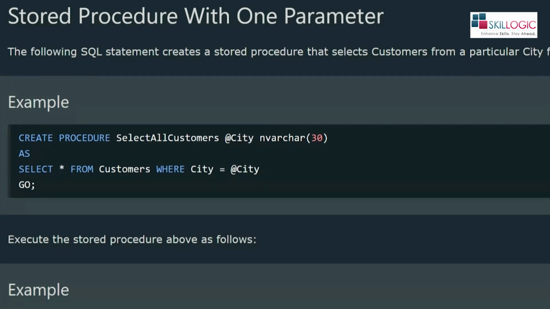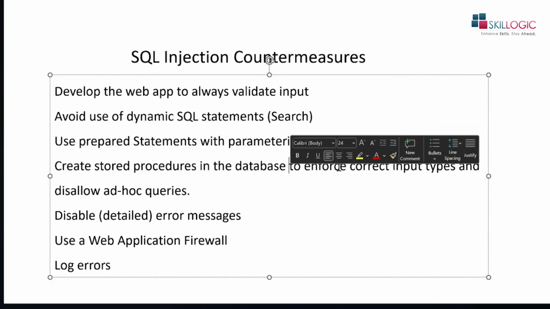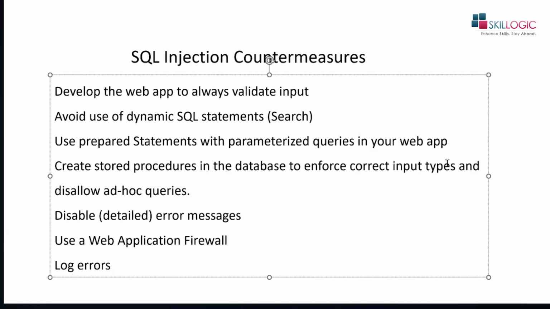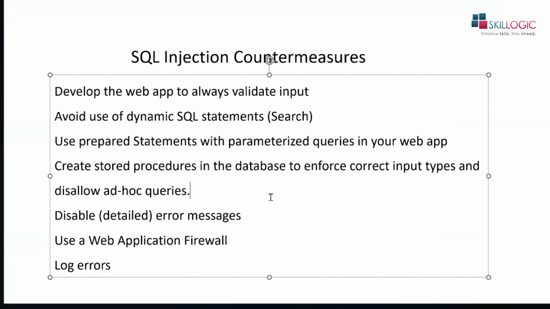So whenever we write this code, we should use this create procedure technique. A stored procedure in the database enforces correct input types. I think you got how we can utilize create procedure and parameters to validate the input.